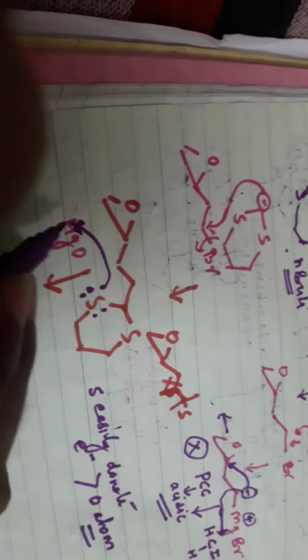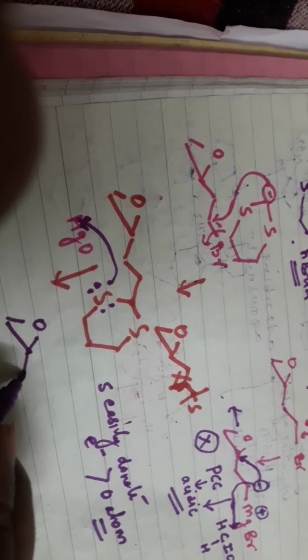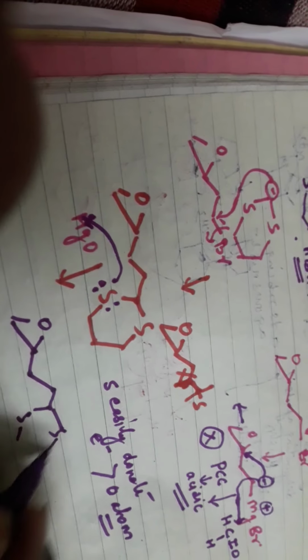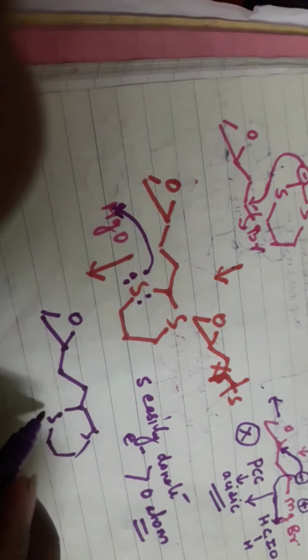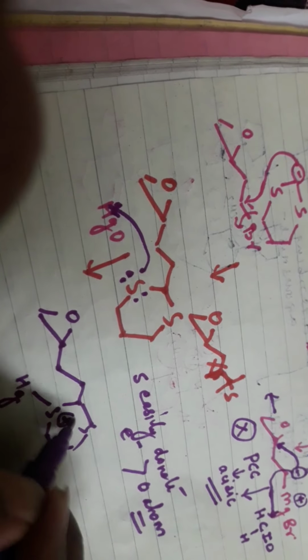It is less electronegative, so it will easily donate its lone pair of electrons to mercury. So the product will be like that, sulfur bonded to Hg, and a positive charge will be developed here.